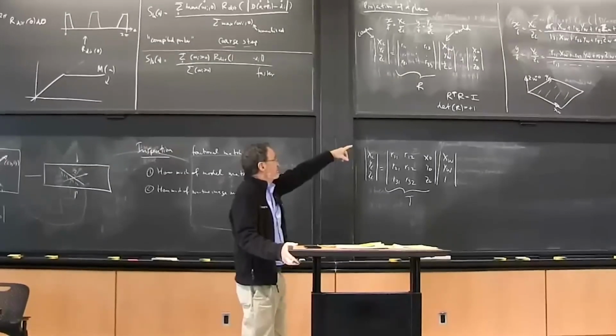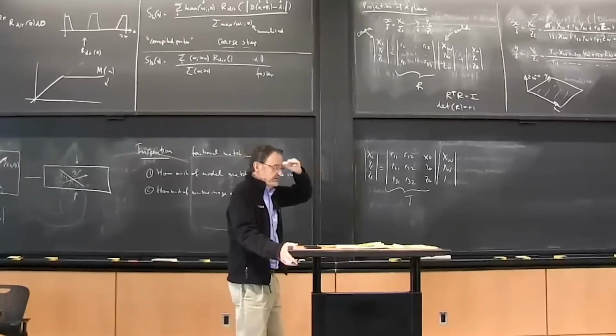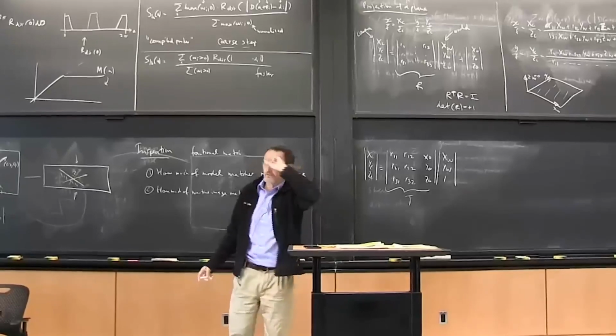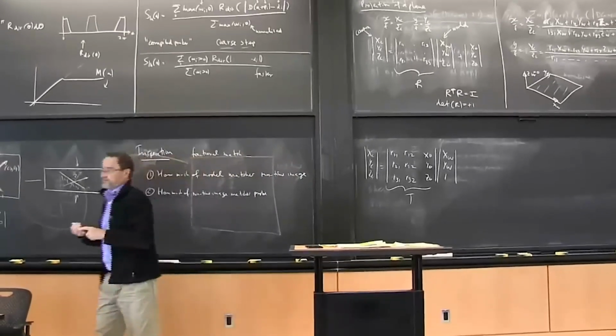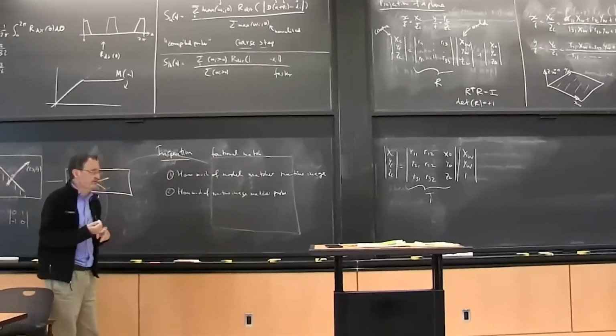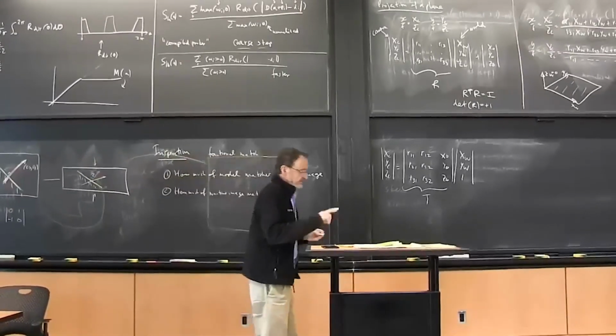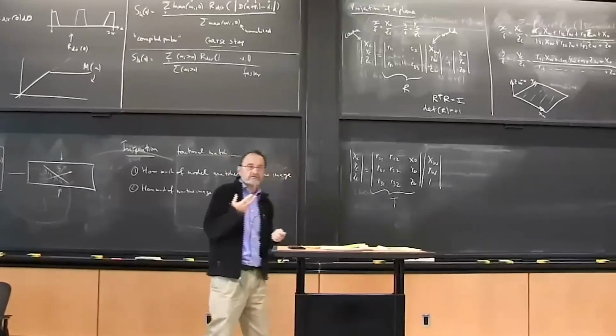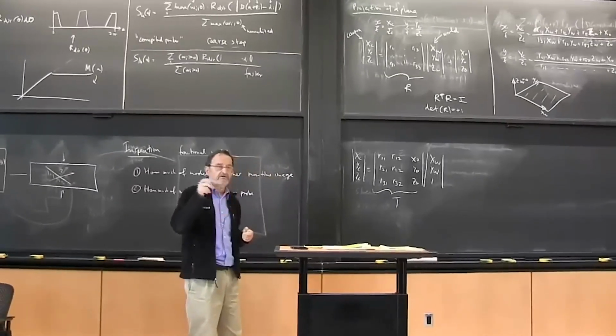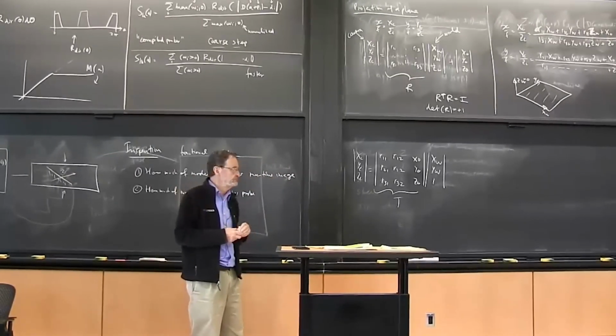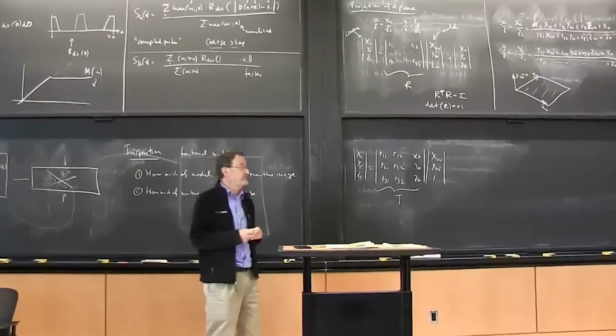What's the 6? Well, the orthonormality constraint provides 6 constraints. Why? Well, each row has to be a unit size vector, so that's 3. The rows have to mutually be perpendicular. Well, there are 3 ways of pairing them up, so that's 6. So 9 minus 6 is 3.